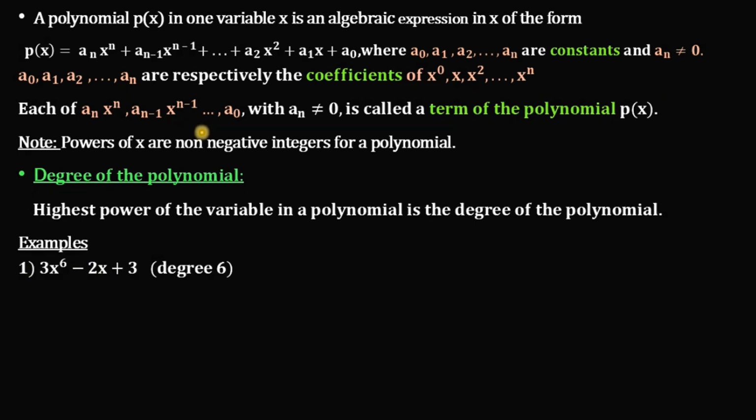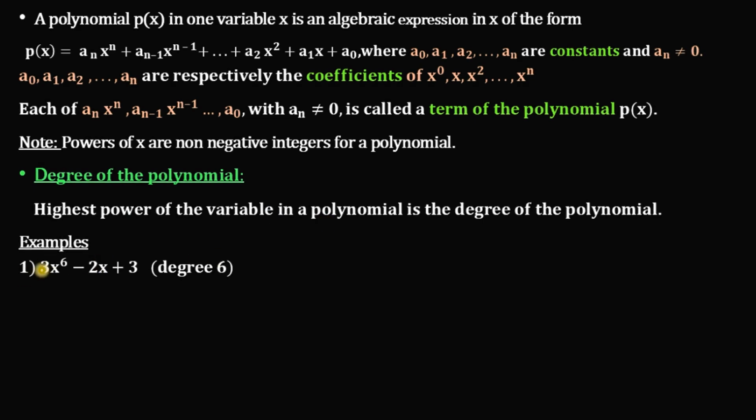Here a_n is not equal to 0. Also, all the powers are non-negative integers. So, this is a polynomial. What is the degree of this polynomial? That is the highest power of the variable. What is the highest power here? 6. So, the degree is 6.